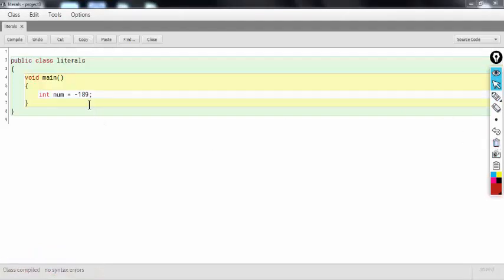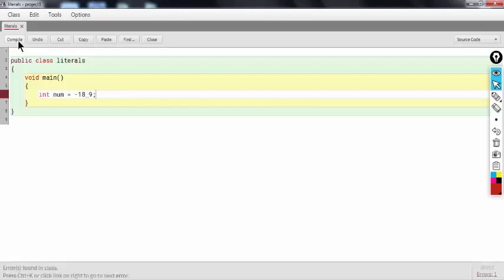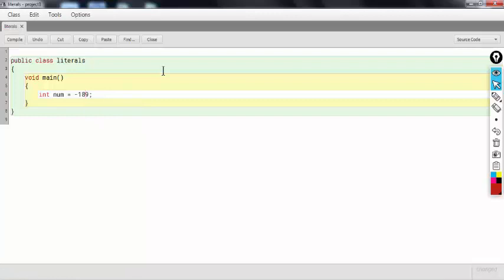Now, if I try to put a space, let's say 18 space 9. Notice the space after 18. If I compile this, it will not compile because this is not a valid literal. Similarly, I cannot have a comma in between the digits.